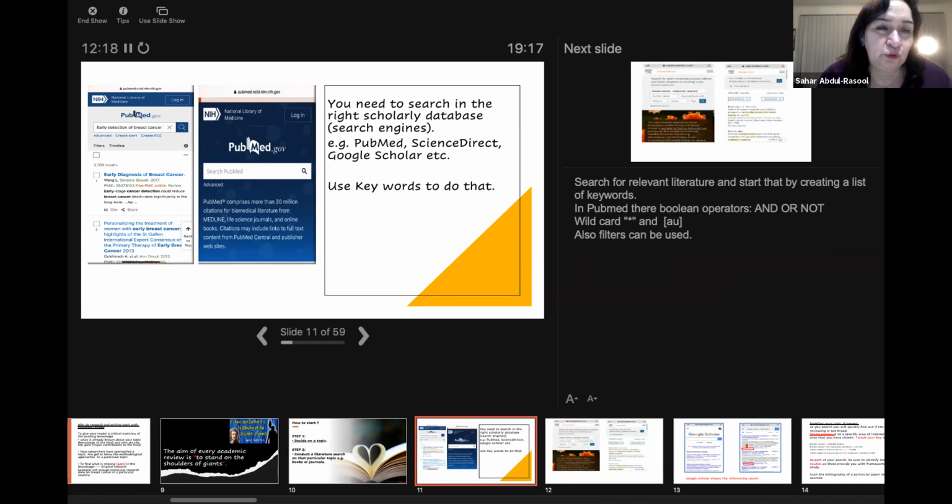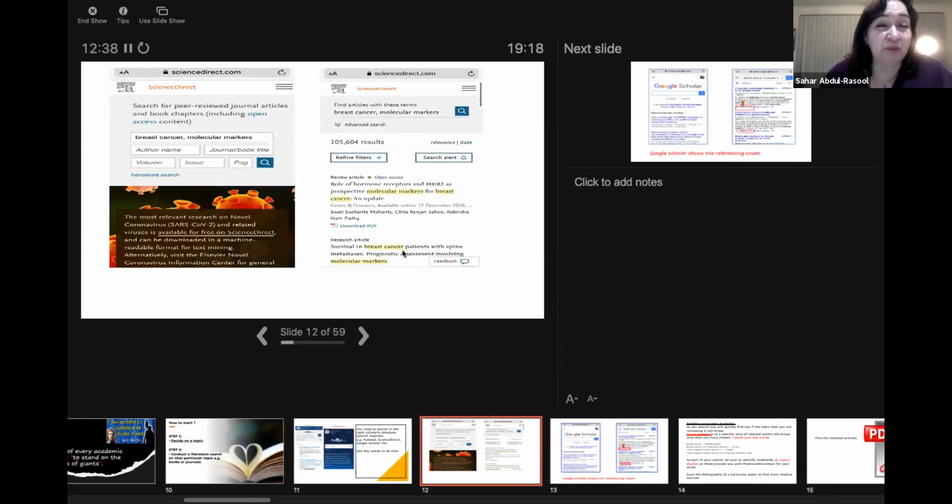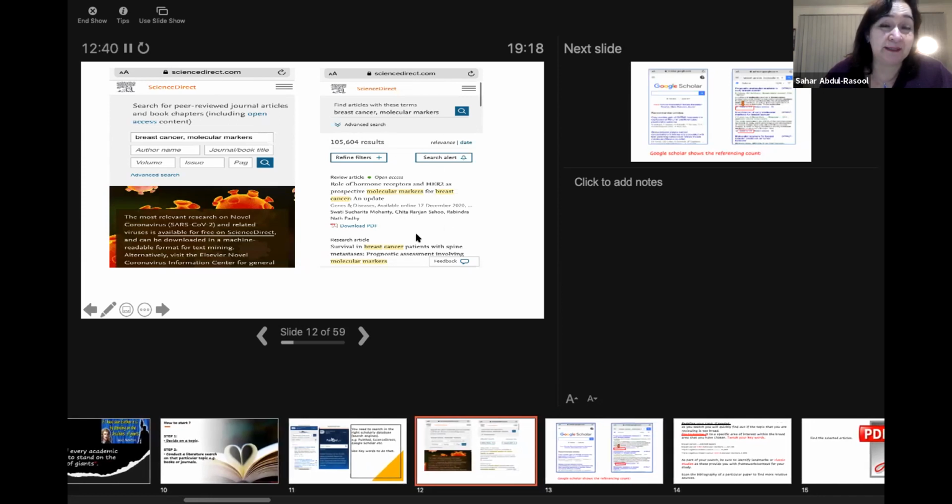If I want to reduce or restrict my search, I add words, and I separate that by AND, written in capital letters, uppercase letters, and that will reduce the papers that this search engine will return. Somehow, if you type breast cancer and molecular markers, for example, in Science Direct, it will bring different papers. So they have too many references, but the search in different engines doesn't always come up with the same papers.